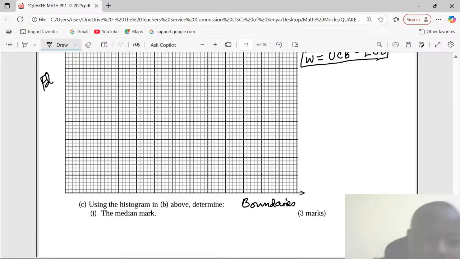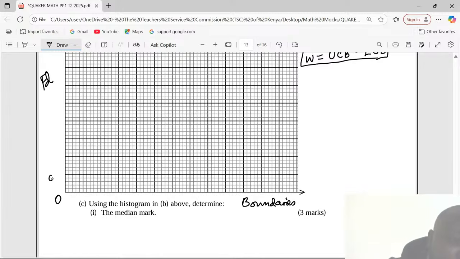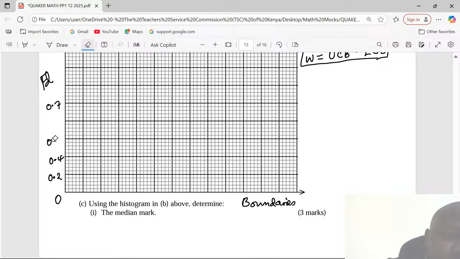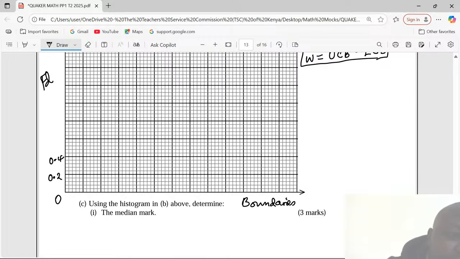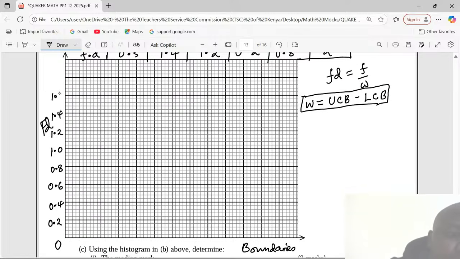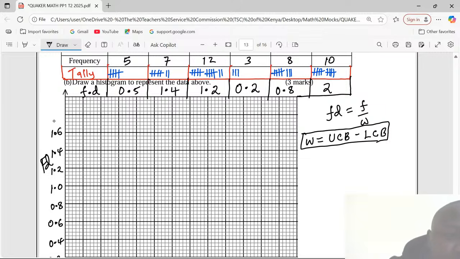So that from 0, we go to 0.2, 0.4, 0.6, 0.8, 1.0, 1.2, 1.4, 1.6, 1.8, then 2.0. We are supposed to use a uniform scale.